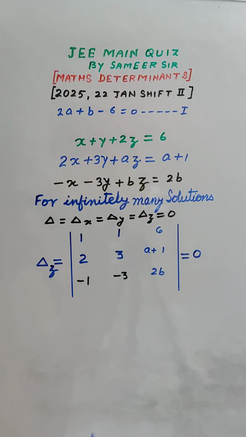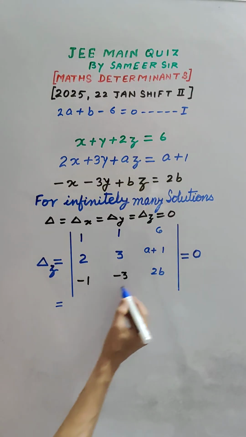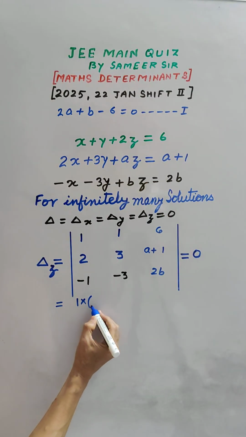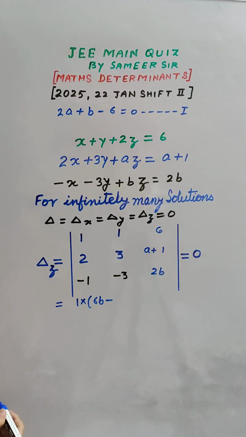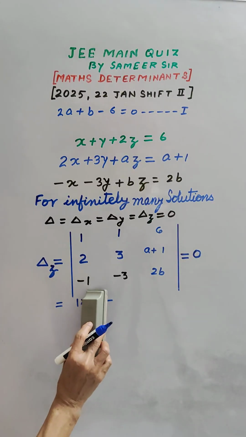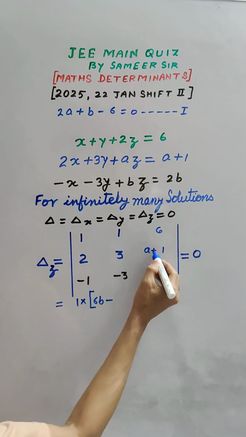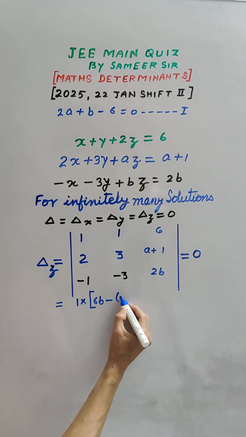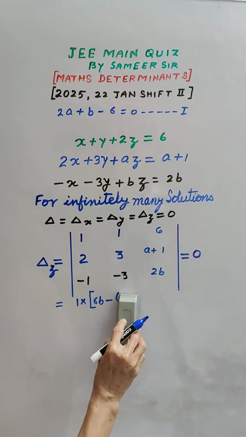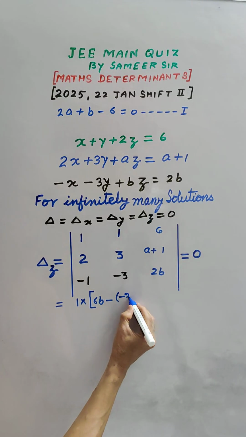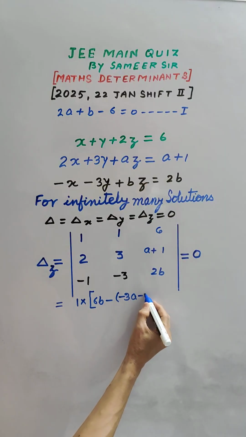1 multiplied by 3 into 6b, is equal to 0. 1 multiplied by 3 into 6, 6b minus 3, 3 ones are 3 minus 3a, minus 3a, minus 3 plus 1, so minus 3.